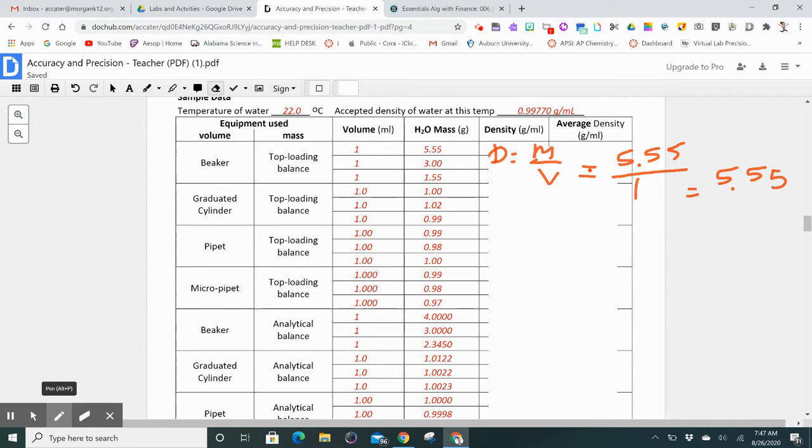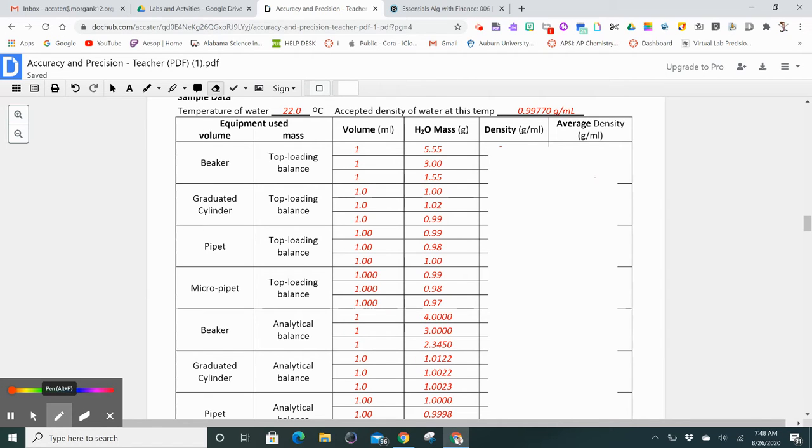Then to get the average density, we're going to take those 3 density numbers, add them up, and divide by 3. So you'll have 3 measurements that will go in here, 3 densities that will go in here, and only 1 number that will go in there, and that's going to be the average, okay?